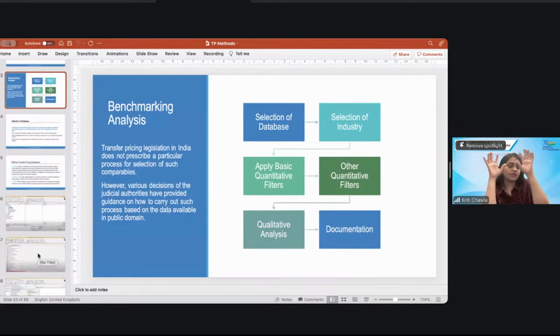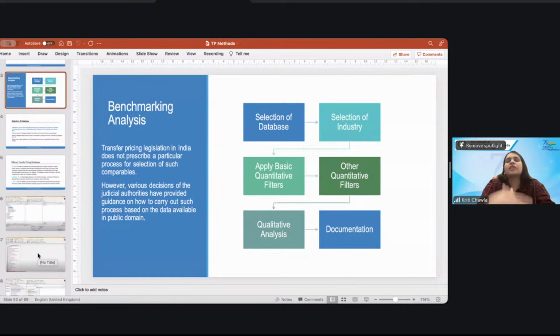So first, what you do is you select a database. Now, because there are a lot of databases available in the market, and these are all competitive companies, you have to make a selection of what database is suited to your circumstance. When you enter the database, you have to select the industry.